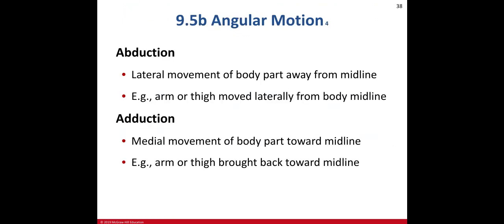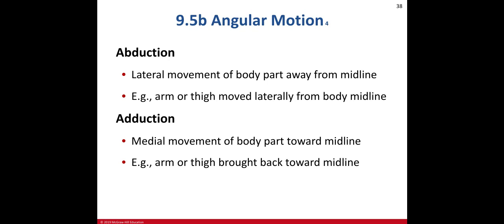Okay. We also have to talk about abduction and adduction. Abduction with a B, that's the lateral movement of the body away from your midline. So you're taking your arm or your thigh and you're moving it away from the midline. Then adduction is the medial movement of the body to the midline.